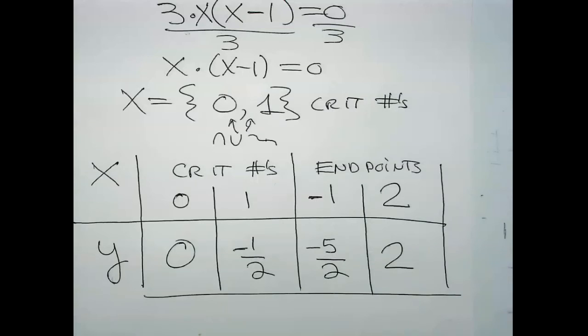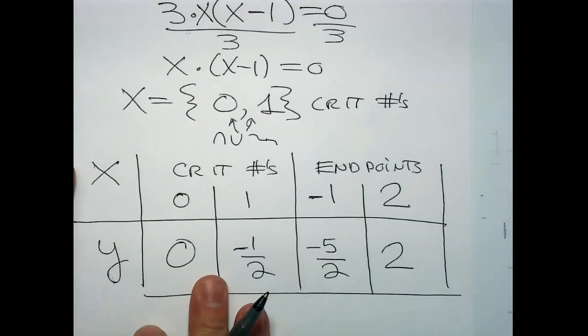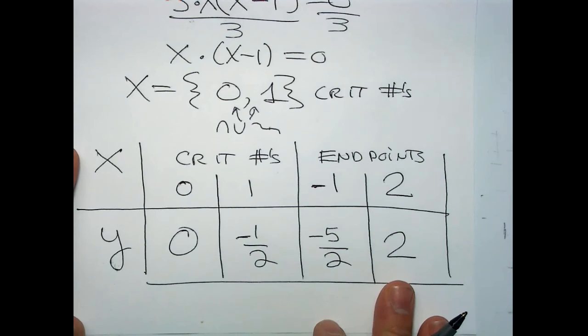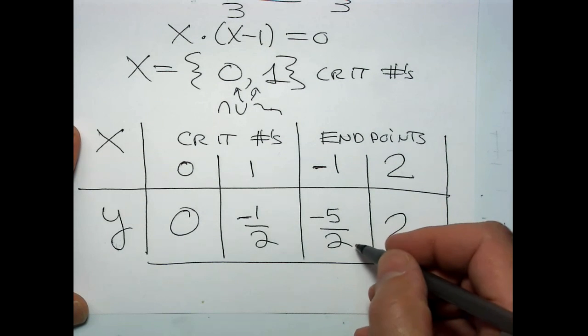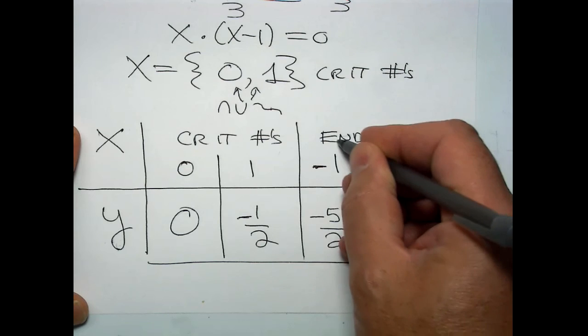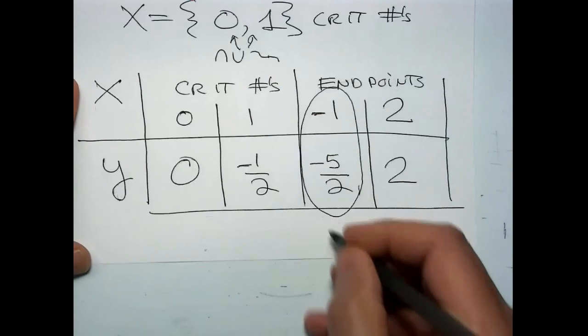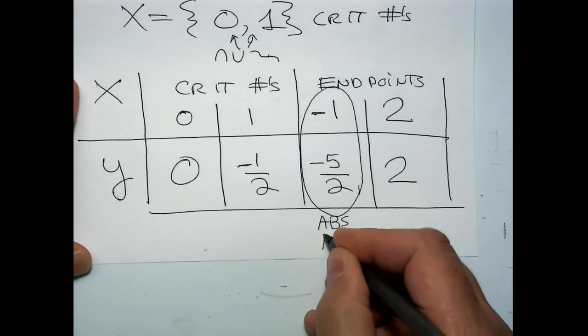So now what? The only places you will find absolute maxes, absolute mins, are at the critical numbers and the endpoints, and you don't have to look anywhere else. Well, luckily for us, we have all that information. There are the critical numbers. There are the endpoints. So how do you finish this, guys? You just circle the absolute smallest y value and call it for what it is.